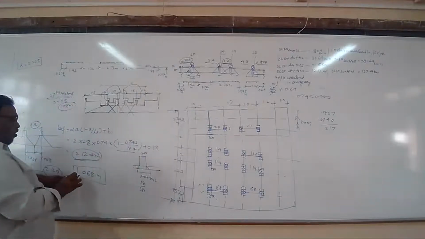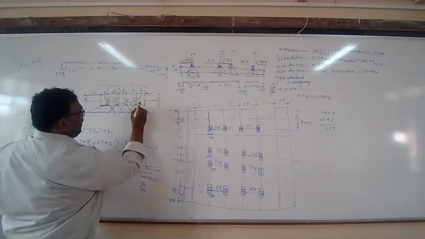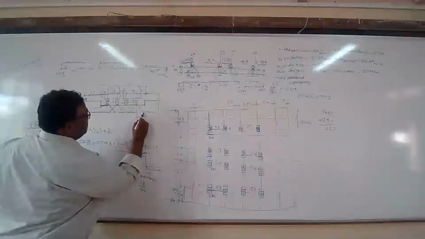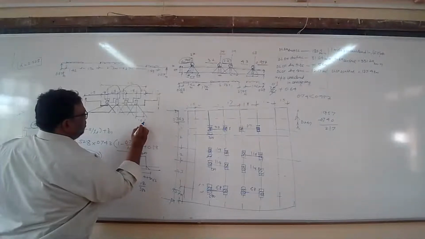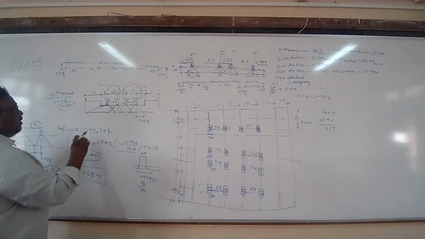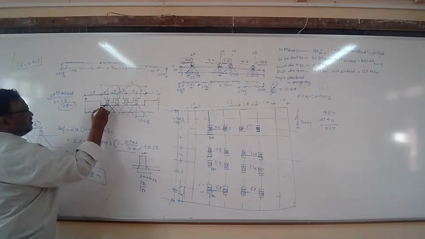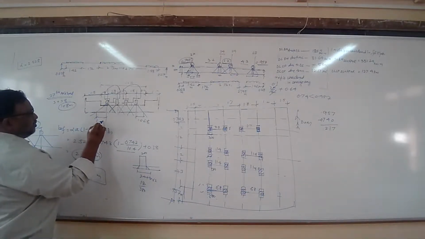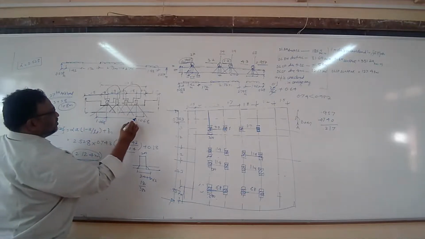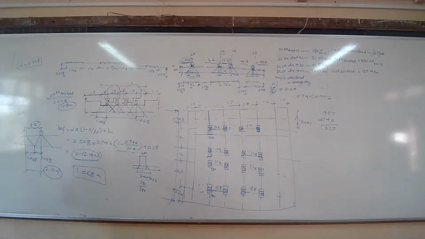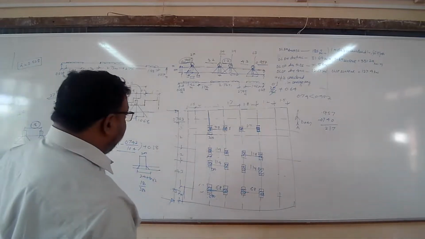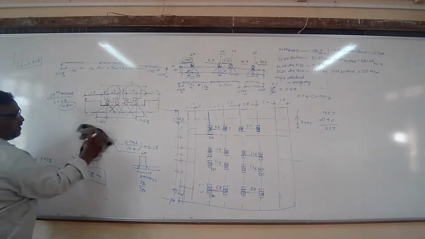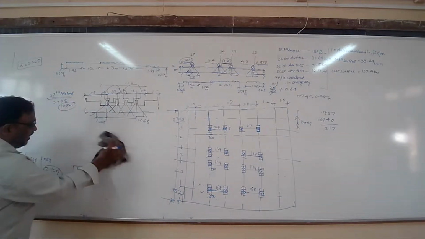This is 1.068. It means it will not go into the footpath either; it will end somewhere here. From here this distance is 1.068 meters, and from here this distance is 1.068 meters. So here I will get the effective width on which the effect of this load will be, the net effective width.